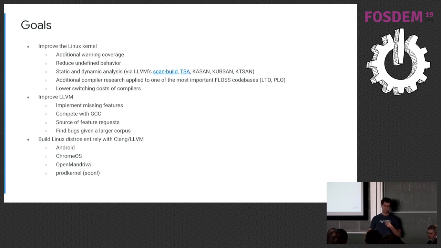There are quite a few patches we've sent to drive the warning count when compiling the kernel with Clang to 0. We still have work to do there, but we've already upstreamed a few hundred patches related to that, trying to reduce undefined behavior in the kernel. There's not a large amount of it, but there's a lot of code, so you always have issues there.